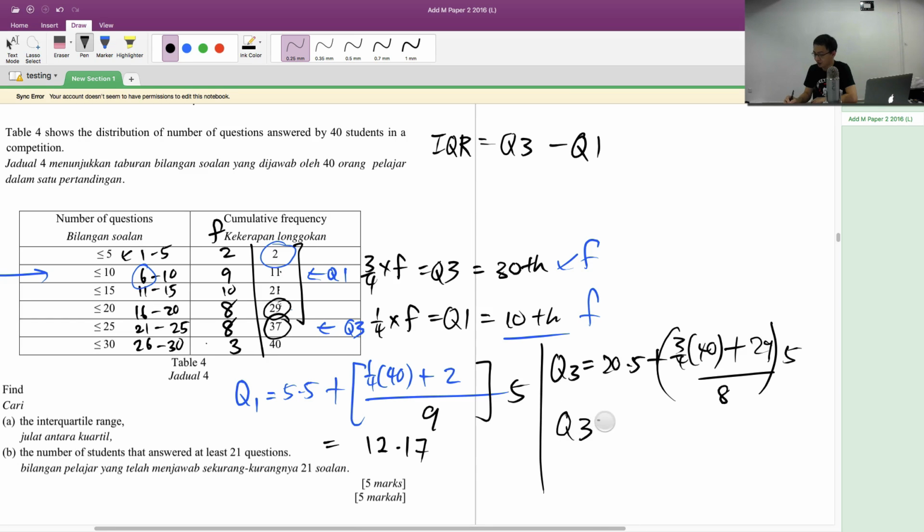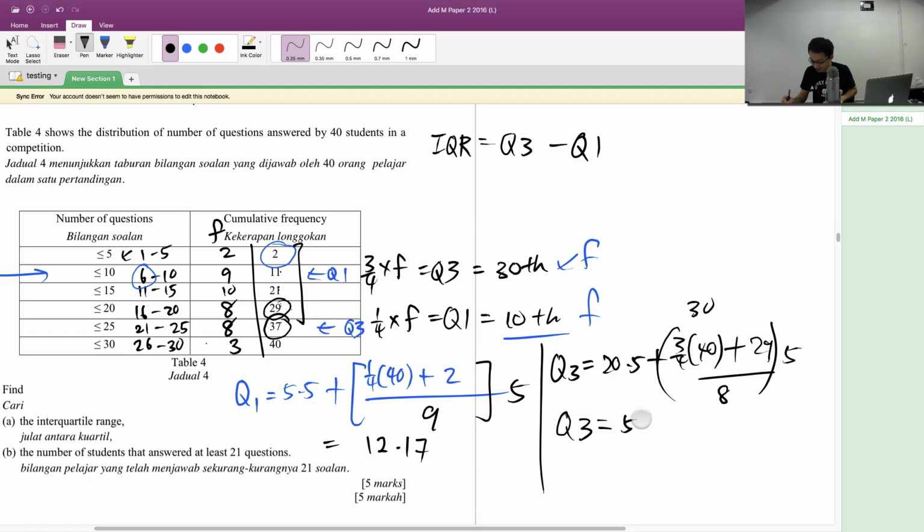Alright, then I will solve this one. 30 plus 29, divided by 8, multiplied by 5, and then plus 20.5.